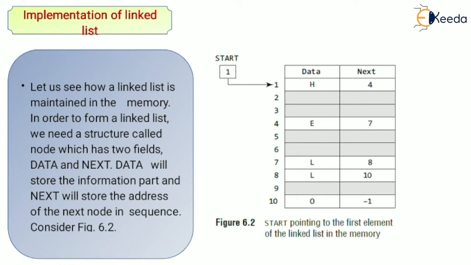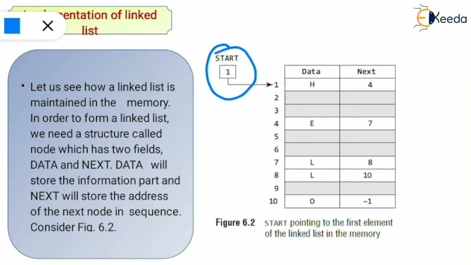Now line by line, understand the explanation of the figure. In this figure we can see that variable start is used to store the address of the first node. Here in this example start is equal to 1.